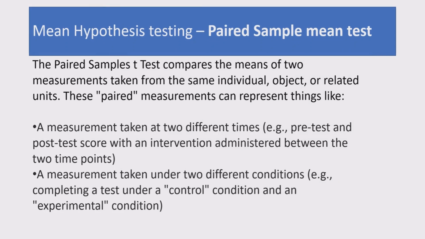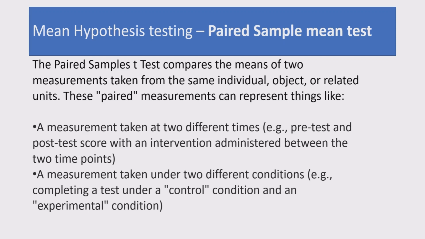Okay, mean hypothesis testing. The paired sample t-test compares the mean of two measurements taken from the same individual, object, or related unit. These paired measurements can represent things like a measurement taken at two different times, e.g. pre-test and post-test scores, with an intervention administered between the two points.